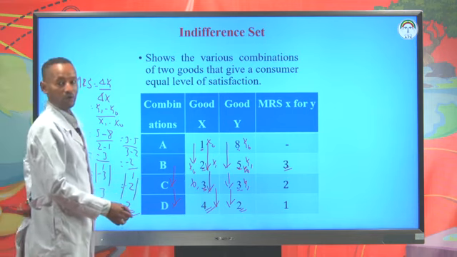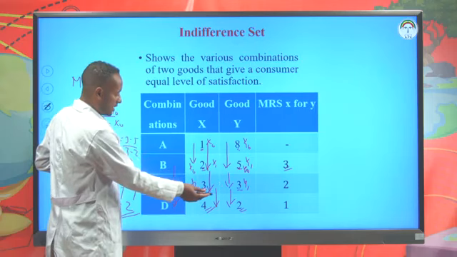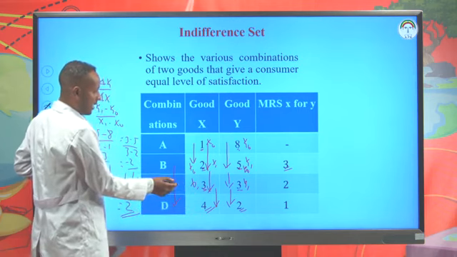Now when we go from combination B to combination C, we are substituting 1 unit of X for 2 units of Y. Similarly, when we go from combination C to combination D, if the satisfaction that we get from 3X and 3Y is equal to that of 4X and 2Y, then the MRS will be as follows.